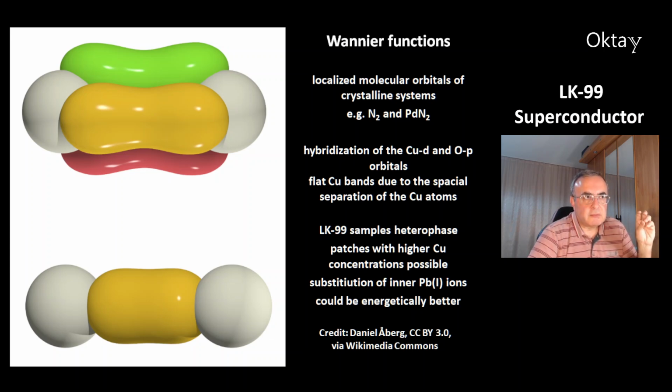And LK-99 samples are thought to be heterophases with patches with higher copper concentrations. And it could be that not only the outer but the inner lead ions are replaced by the copper ions. Theoretical work shows that this could be energetically better.